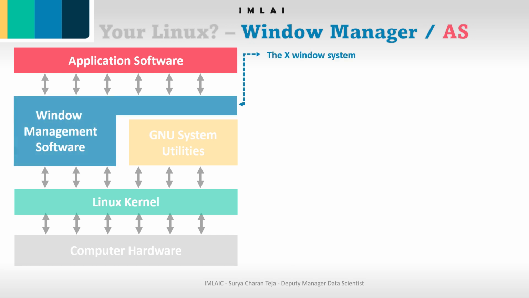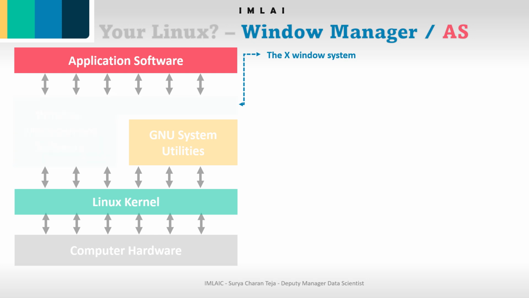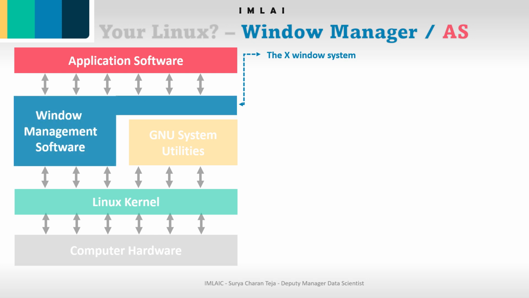This text interface allowed administrators to start programs, control program operations, and move files around on the system. With the popularity of Microsoft Windows, computer users expected more than the old text interface to work with.